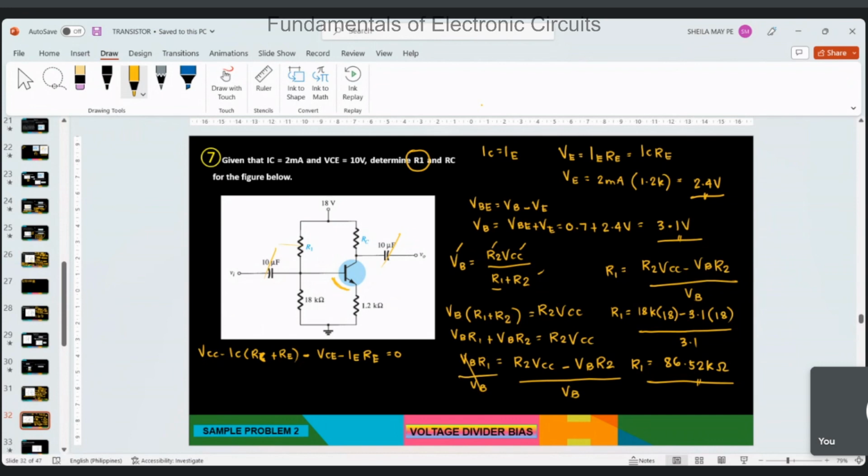Am I wrong? Miss, sa R1, marag lahi ta. Ang R2 kay 18K man, 18 ra imong nakuhan. 18K. Sakto bitaw? 18K times 18?